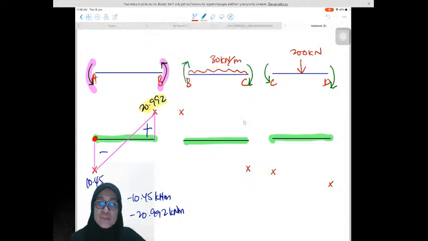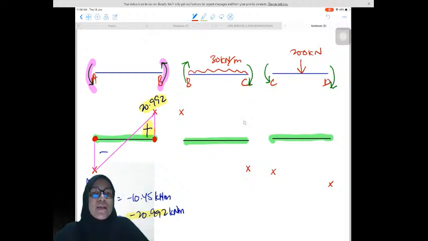To close back to 0, positive 20.992 plus this one, we will get back to 0. So this is the bending moment for member AB.